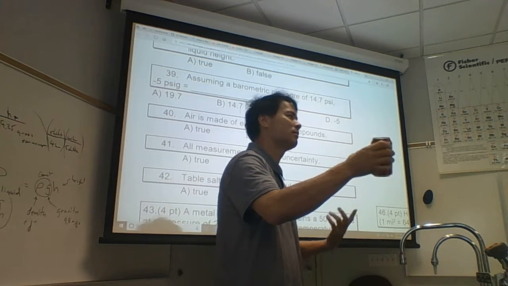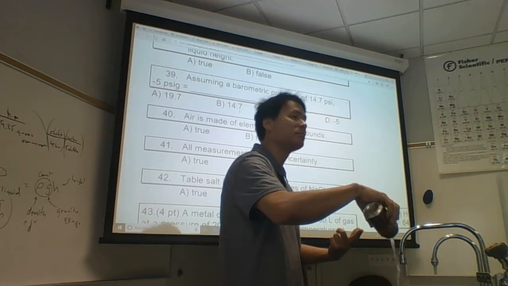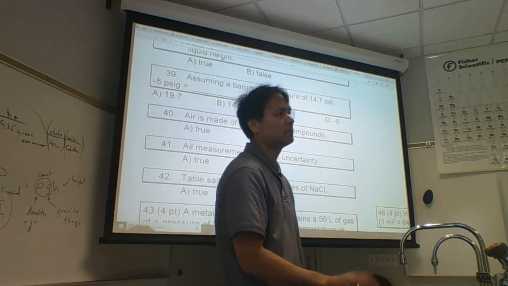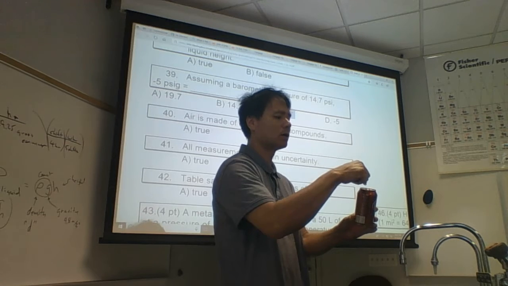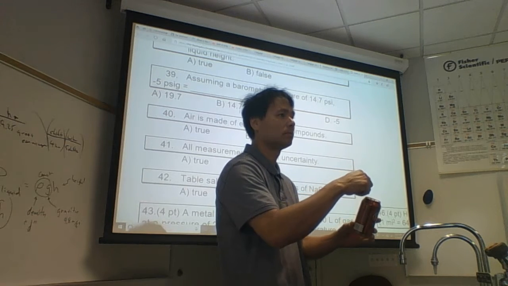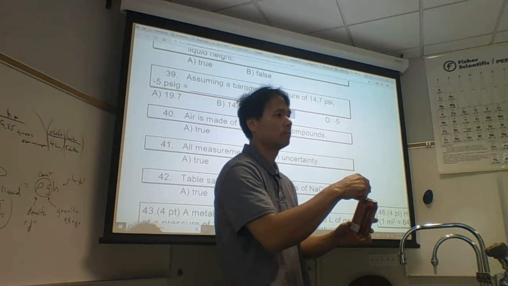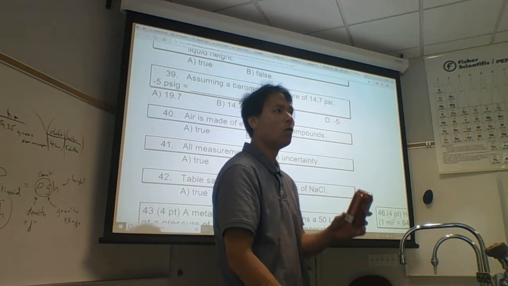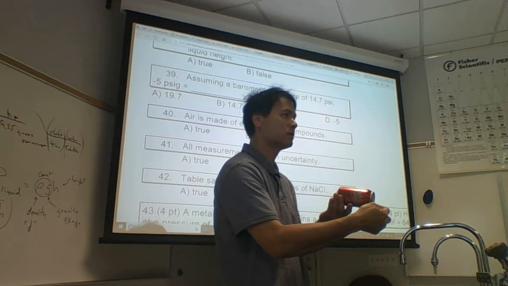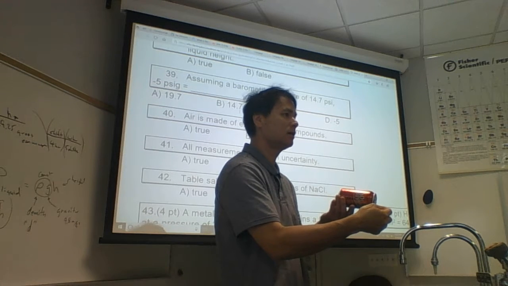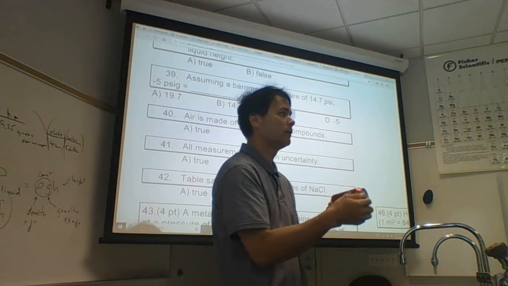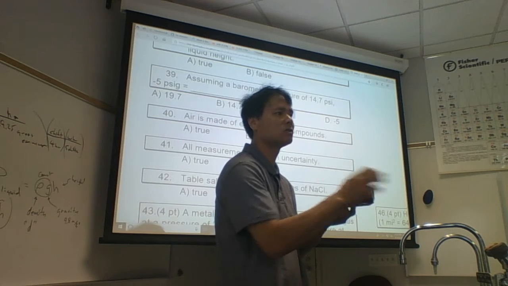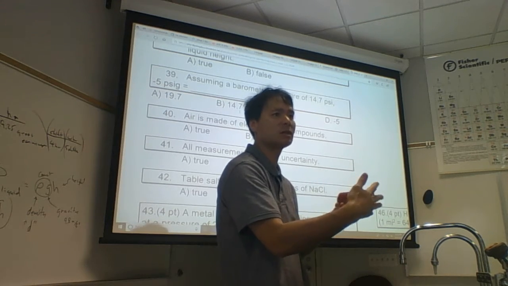I'm just borrowing the can because this is empty, right? And if this is empty, what is the pressure inside the can? 14.7 psi? Or is there really any air pressure inside the can? What we could say is that there's zero pressure in the can because there's no gas leaking out or no gas being sucked in.